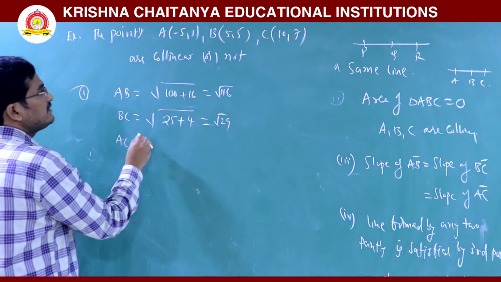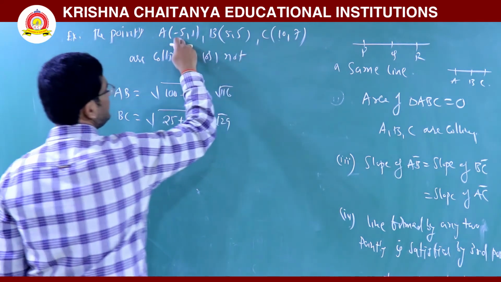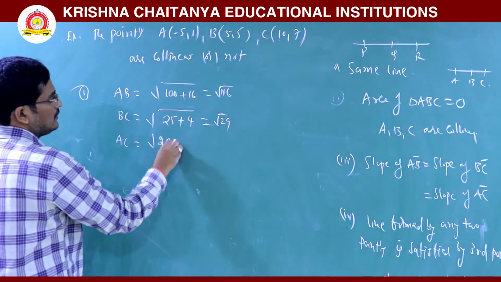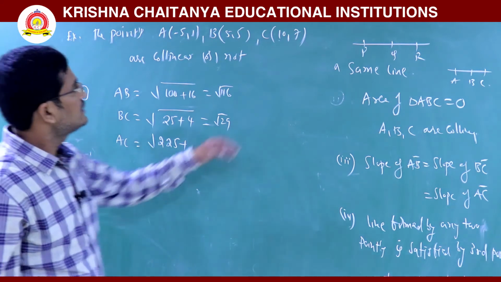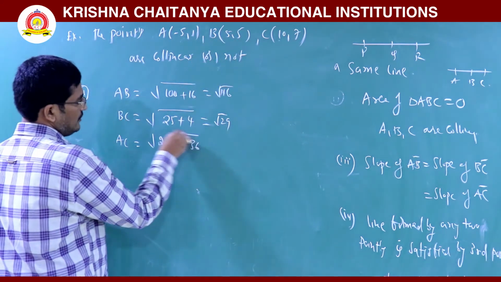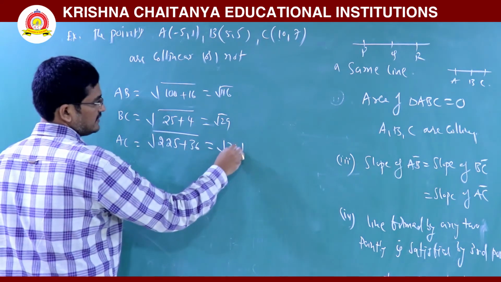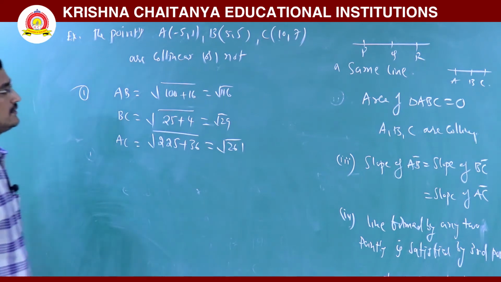AC, what is the distance between AC? Root of (10 plus 5) whole square, 15 square, 225, plus (7 minus 1) whole square, 6 square, 36. What is the answer? Root 261. So observe this one.